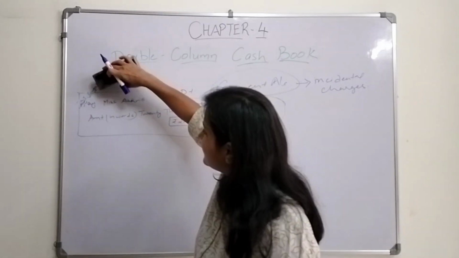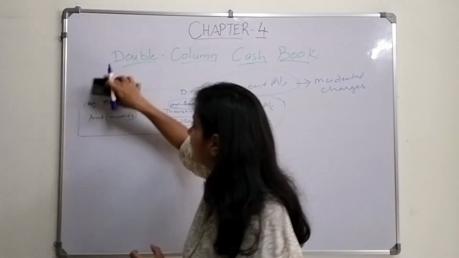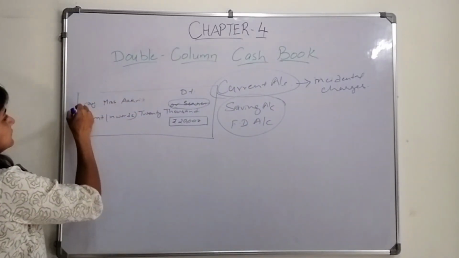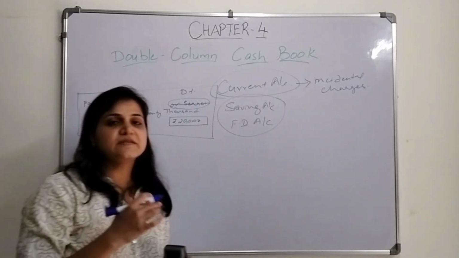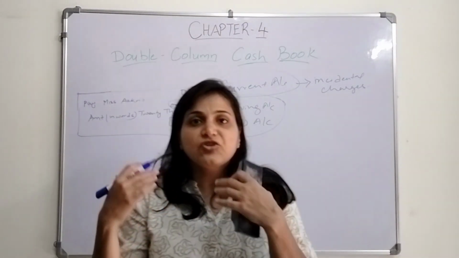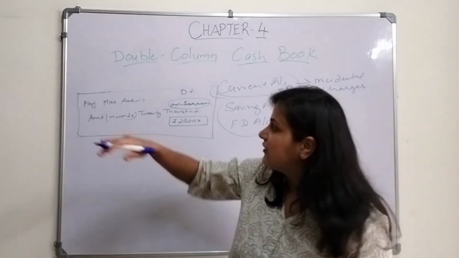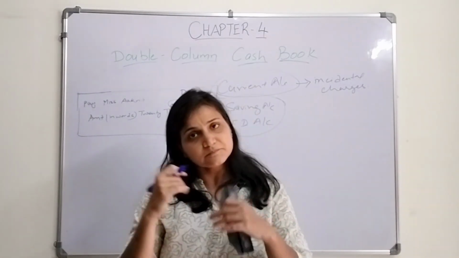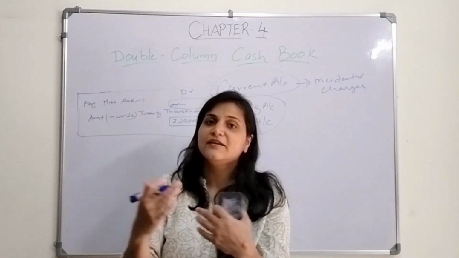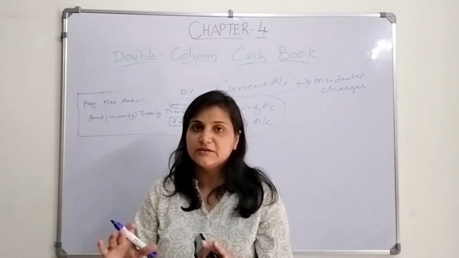Now, if this is not there, and it says pay Miss Akriti, and Miss Akriti wants to transfer the check to somebody, and nothing has been mentioned over here or here, then she can transfer it if account payee is not mentioned.